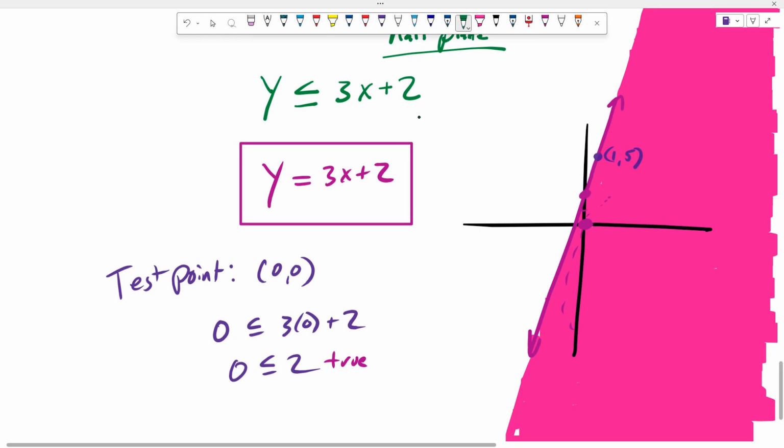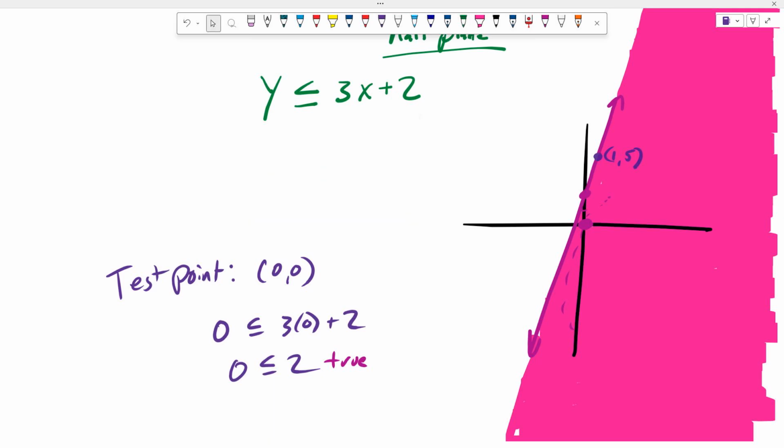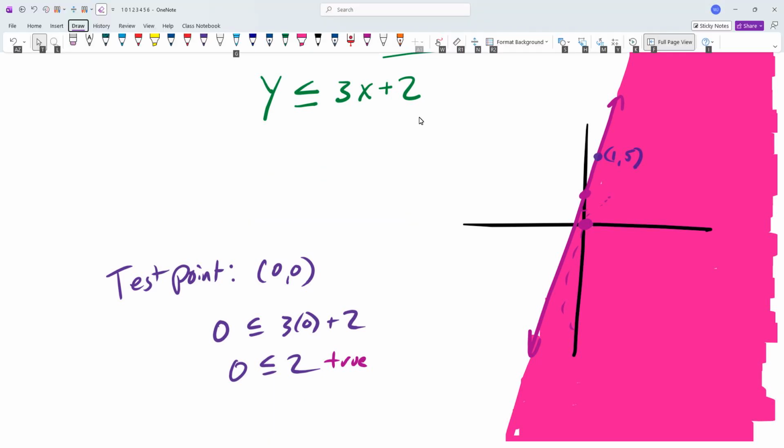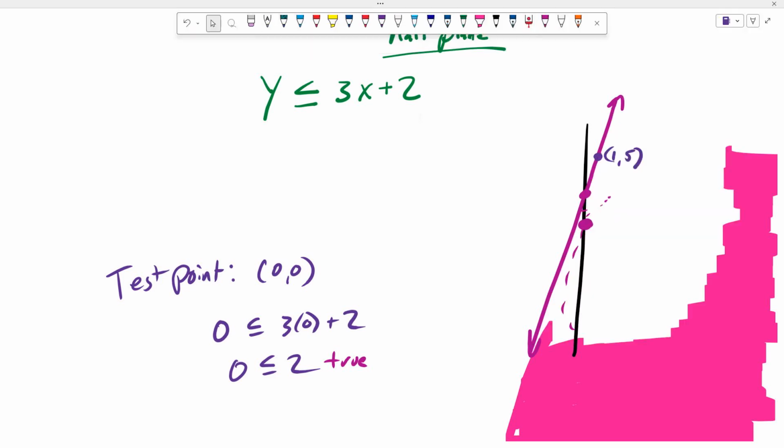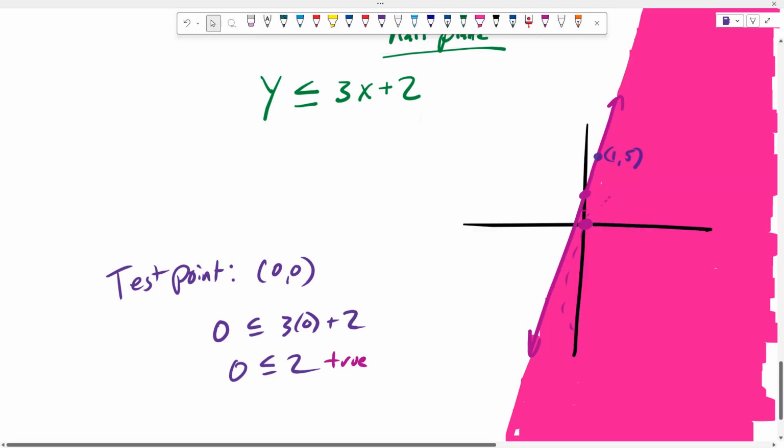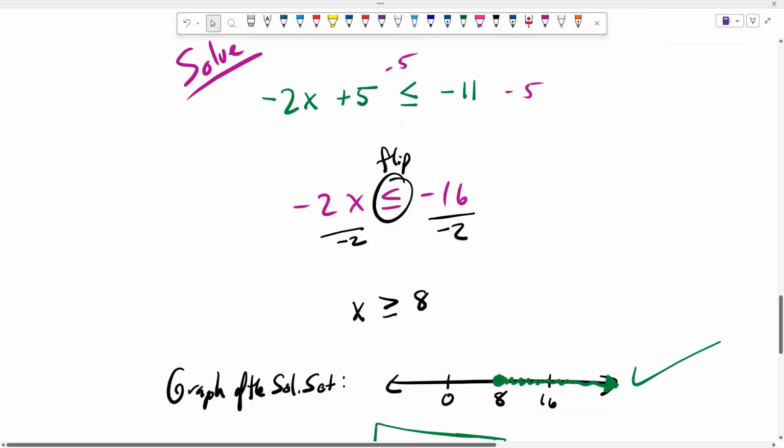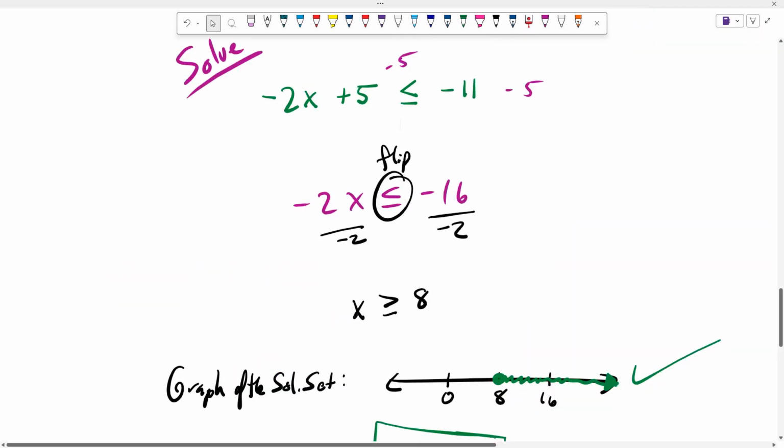Can I write the solution set in interval notation? Can I write everything that's shaded in interval notation, like I did right here?